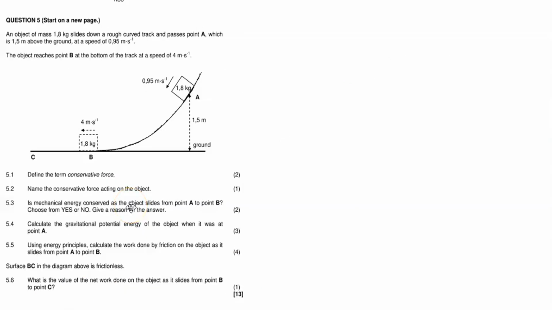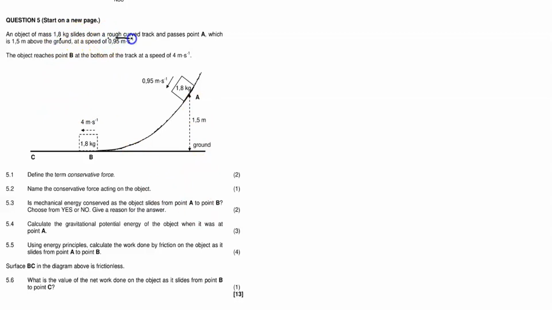Now we go to question 5. An object of mass 1.8 kg slides down a rough curved track and passes point A, which is 1.5 meters above the ground, at a speed of 0.95 meters per second. Now the object reaches point B at the bottom of the track at a speed of 4 meters per second. So what they told us here is the mass of the object.